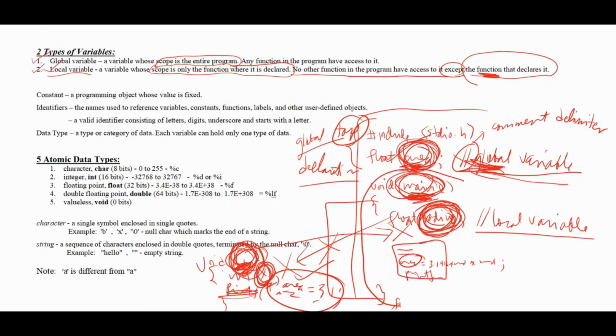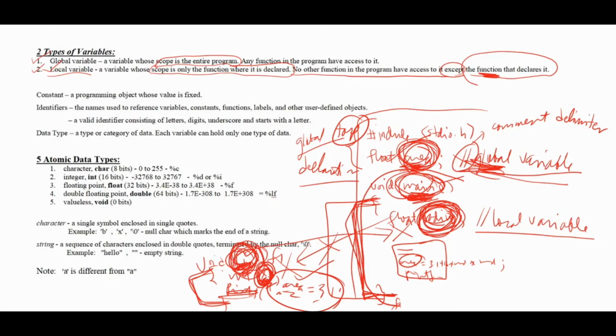But again, this x local variable here can be accessed by F1 only, and this local variable radius here can be accessed by the main function only. So the scope of radius is only within the boundary of the main function, within this block, this function. And the scope of x here is only this block here for F1.